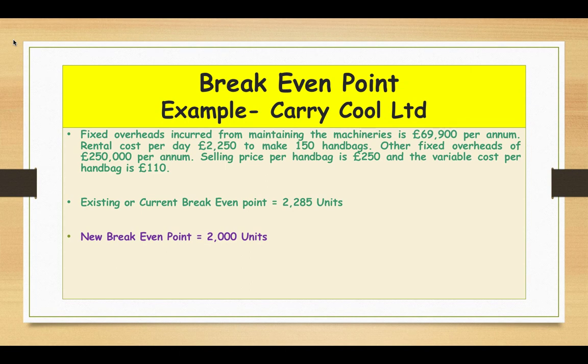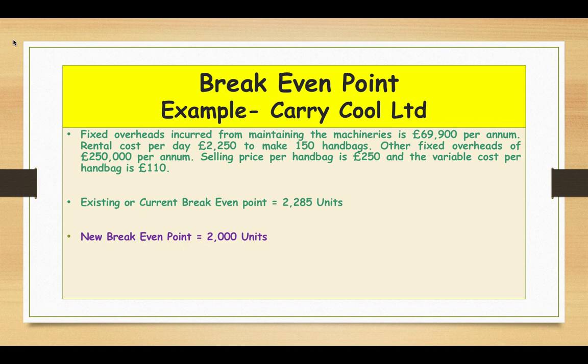So the extra variable cost per unit is 2,250 divided by 150, which is £15 per unit. So at the moment, there is variable cost of 110. On top, we have to add the extra £15. So our total variable cost is going to be £125.